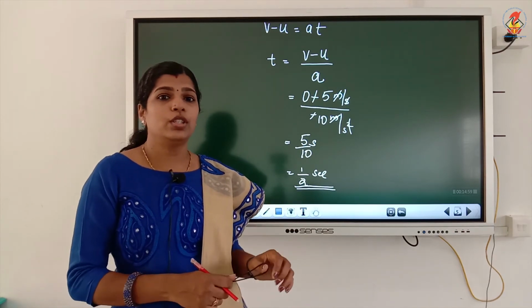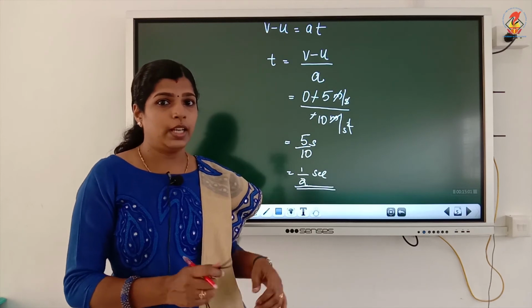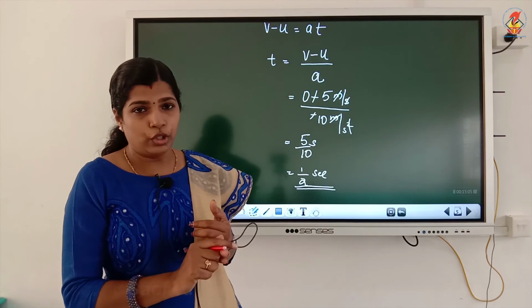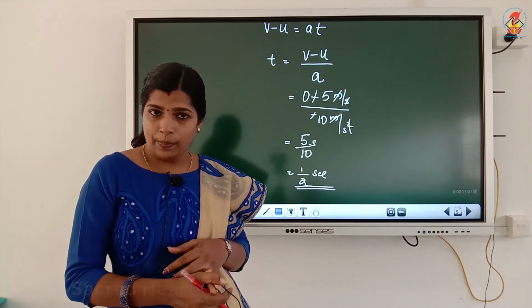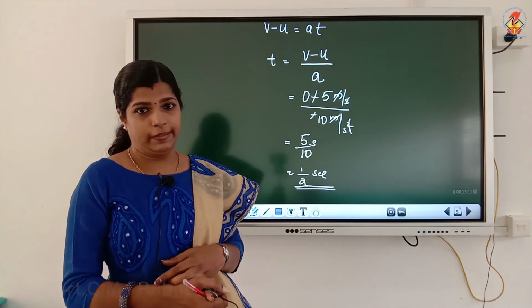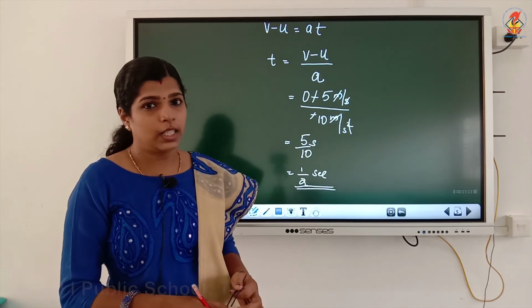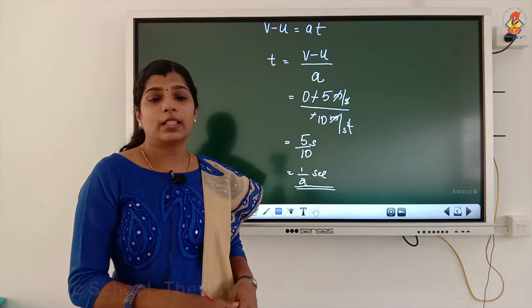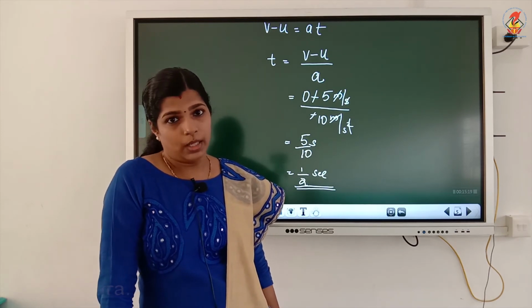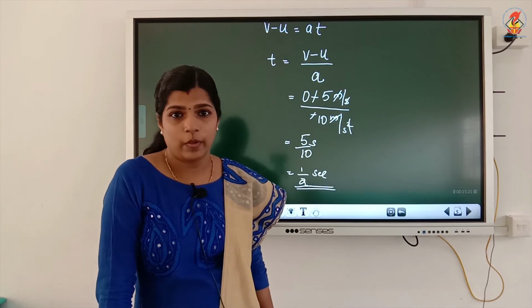If the direction of the object and the acceleration due to the earth are opposite, then it is taken as negative. So we got the acceleration as negative 10 meter per second square as per the question.